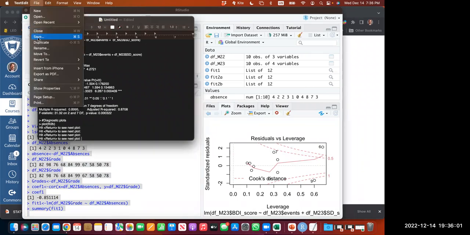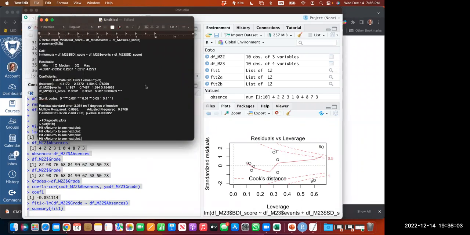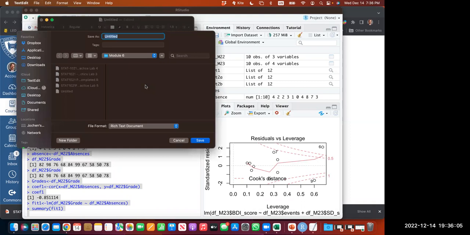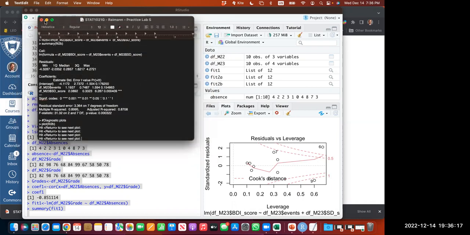You're copying your console in, you save it as STAT1021G, your family name, practice lab 5, and enter, and you submit it via Canvas.